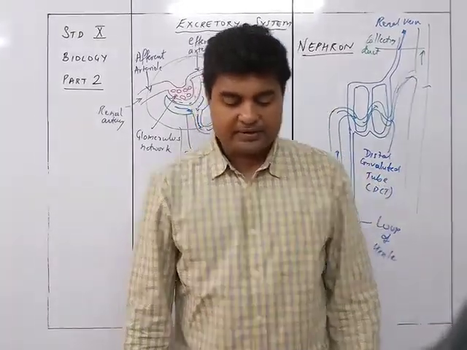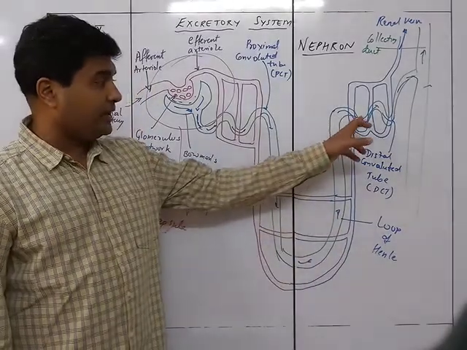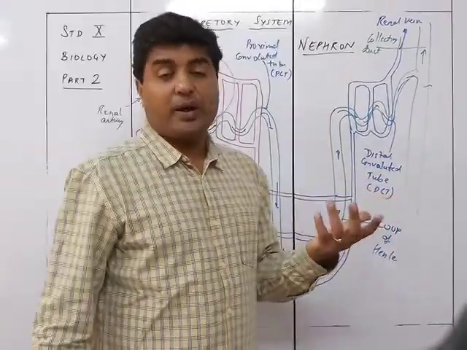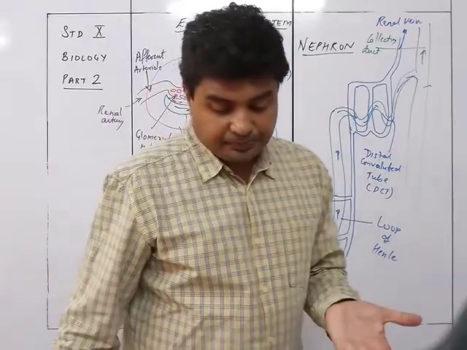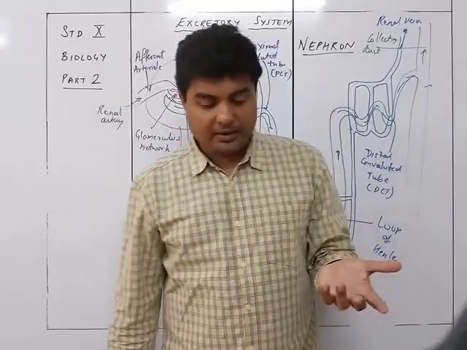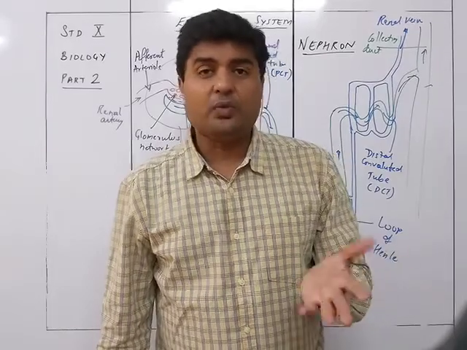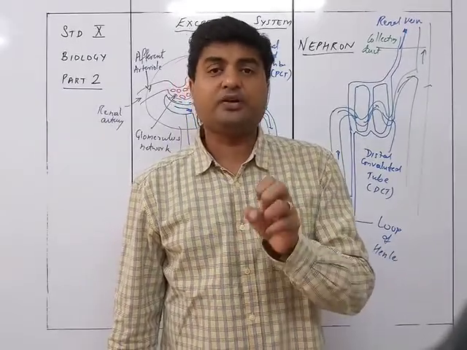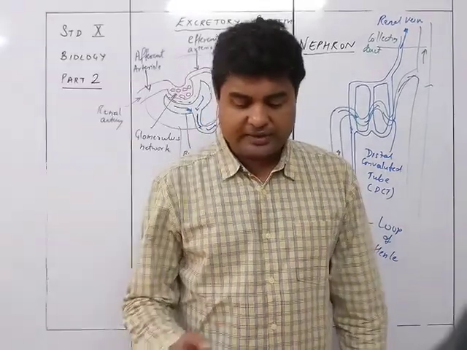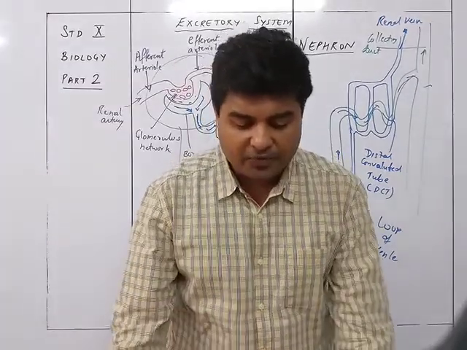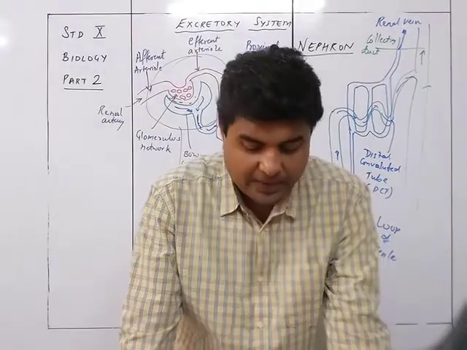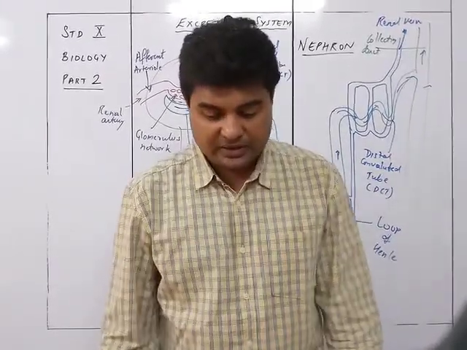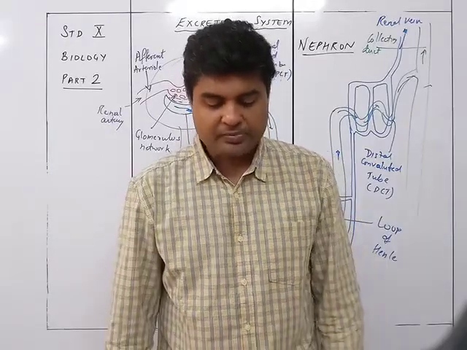So in the distal tubule, whatever is not required by the body, like penicillin and some other drugs, is passed into the urine. Certain things need to be discarded, so a large number of foreign chemicals, including drugs like penicillin, are passed into the forming urine in the distal convoluted tubule.